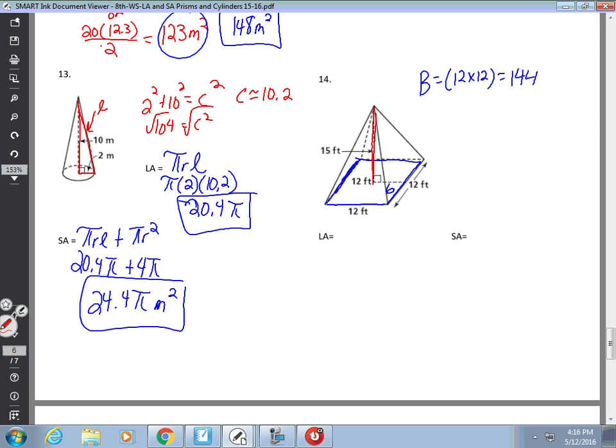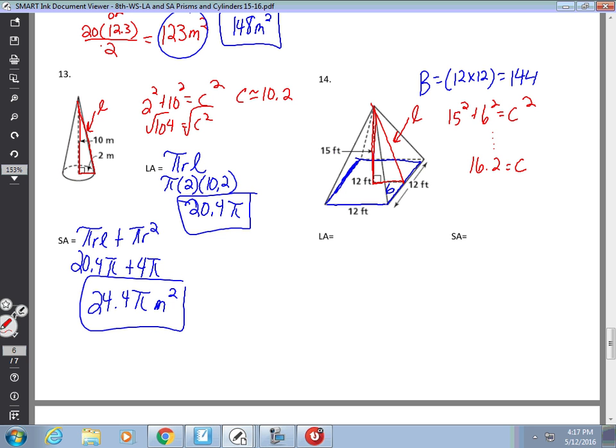We could use that for volume, but they want the lateral area. So we, again, have to draw that slant height and use Pythagorean Theorem. So 15 squared plus 6 squared equals c squared. And I believe this ends up coming out to be 16.2.